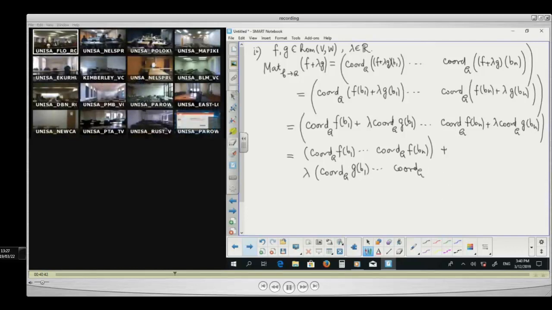But the first one is nothing else but the matrix from B to A of F plus lambda times the matrix of G. Okay. So what's the result? Matrix turns out to be a linear transformation.